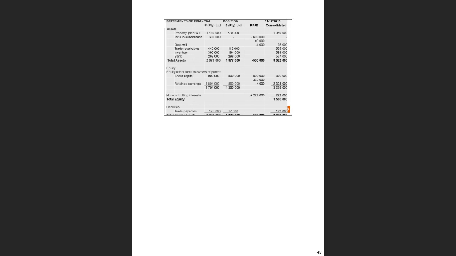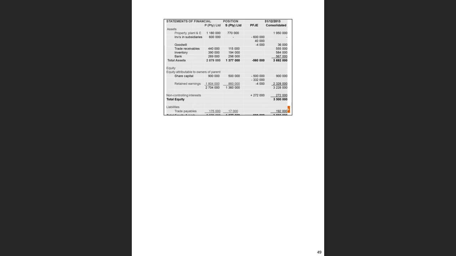It's one of the pro forma journal entries as well. This probably shows the total of all of the journal entries that affected retained earnings. Then we have non-controlling interest, which was 272,000 Rand. If you go back, that should agree to the total of the column in your analysis of owner's equity account.